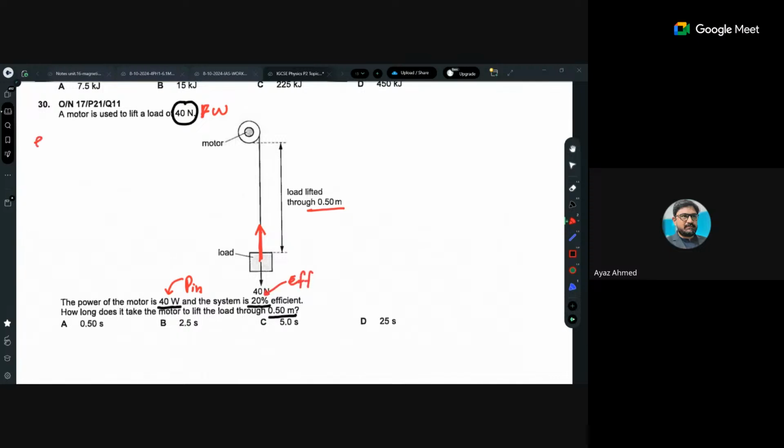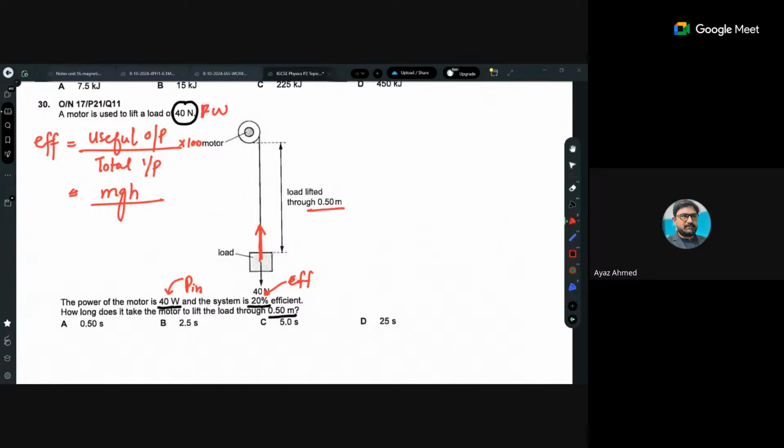So you use the formula: efficiency equals useful output divided by total input times 100. What is useful output? The motor is lifting, so it is working in terms of gravitational potential energy. That is why it is mgh. And what is total input? It is 40 watt.